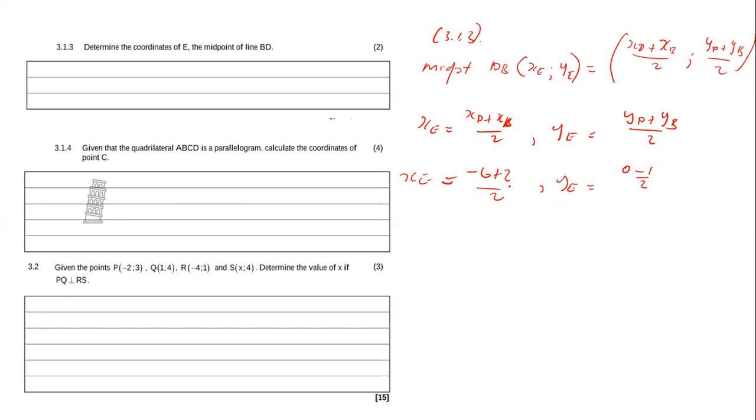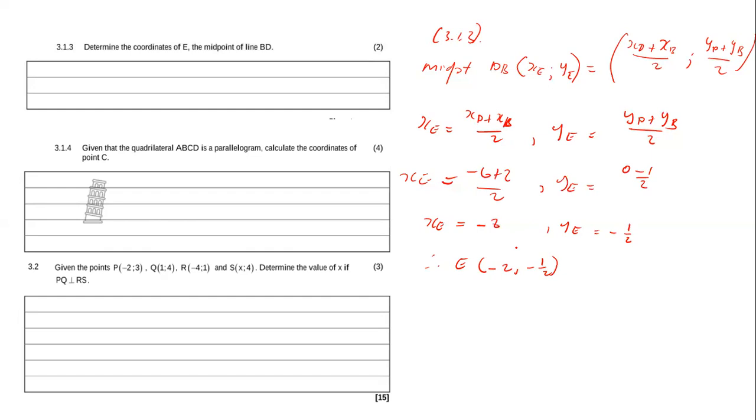Now let us calculate. Negative 6 plus 2 is negative 4. Divide by 2, it's negative 2. This will be x of E. And therefore, y of E is going to be negative 1 over 2. Therefore, coordinates of E will be negative 2, negative 1 over 2.